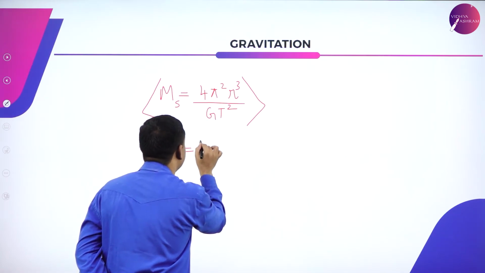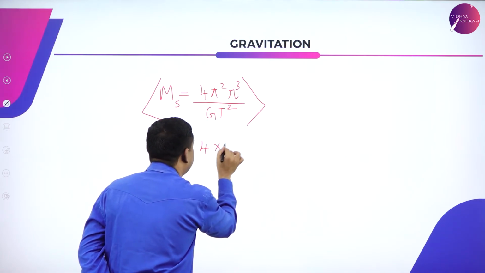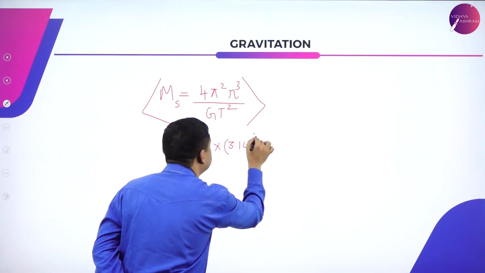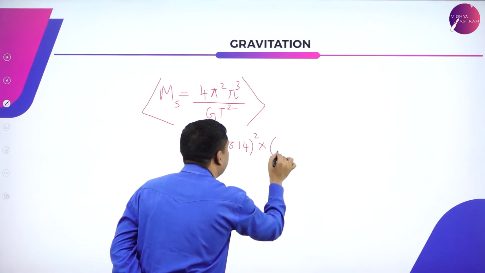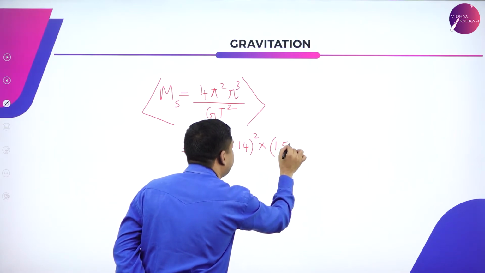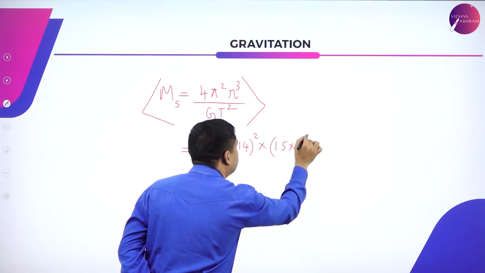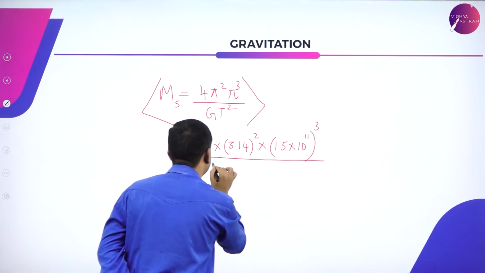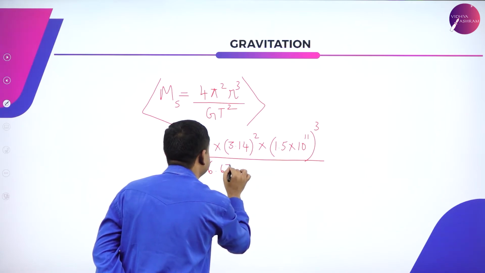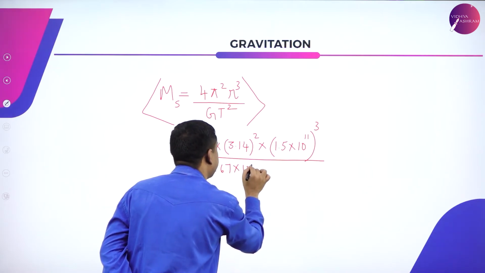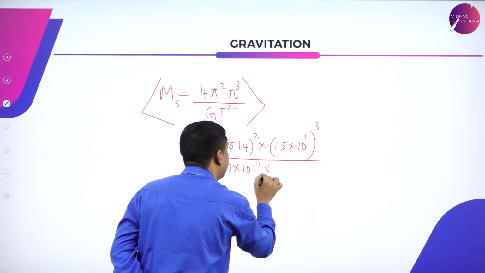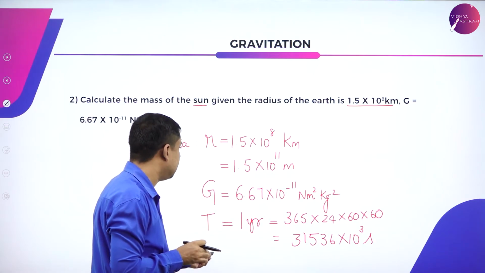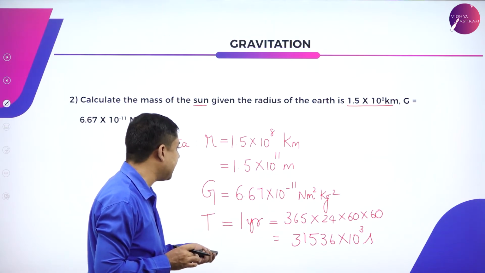So this is 4 into 3.14 whole square into 1.5 into 10 power 11 whole cube, divided by 6.67 into 10 power minus 11 into the value of T, 31536.